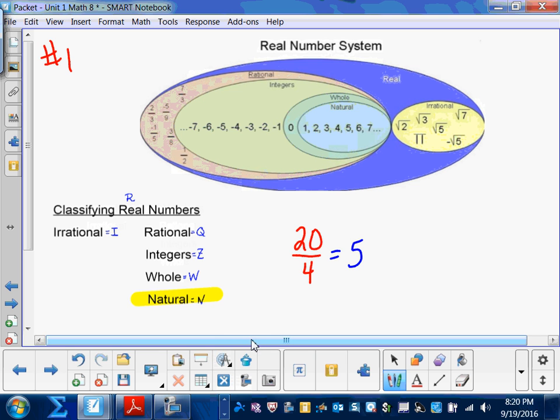We could just write the letter N. It's also a whole number, so write W. Integer, we'd write the letter Z. And it's rational, so we'd write the letter Q. And it's also real, so we'd write R. As you can see, 5 is made up of all these sets.